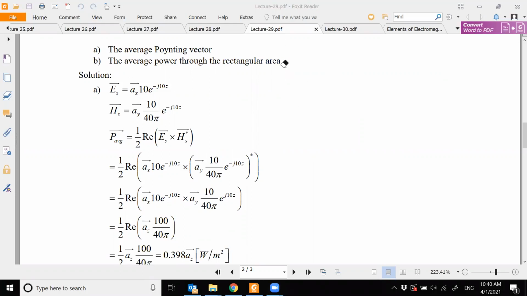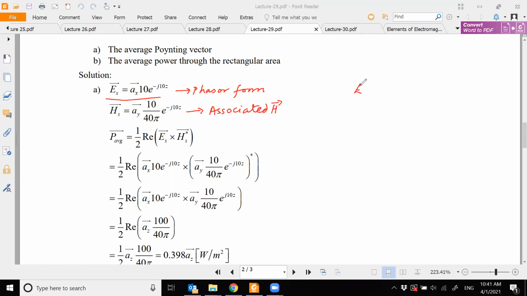In the present case, this is my electric field in the instantaneous form, but I want to work in phasor form, so I'm changing it into the phasor form. So ES is AX 10 e power minus j10z. Now my first objective is to find the associated H. How do you find the associated H?